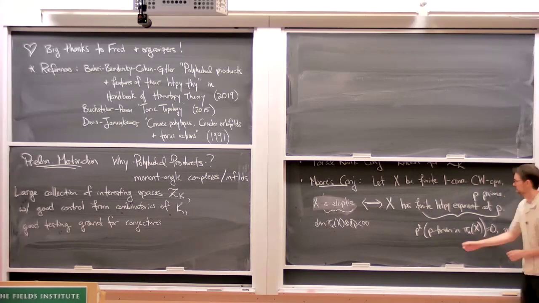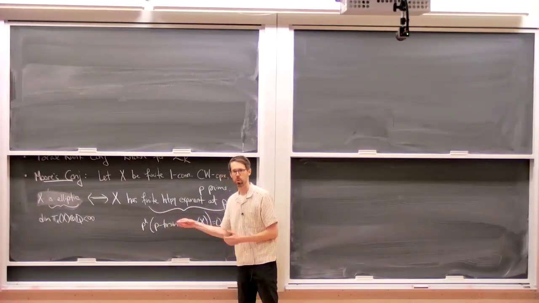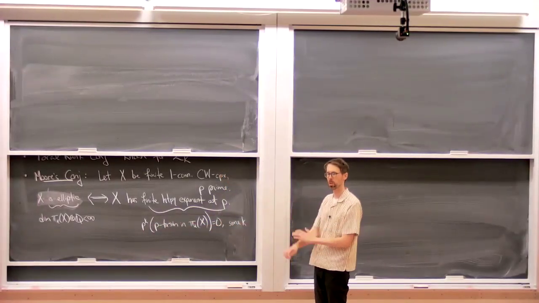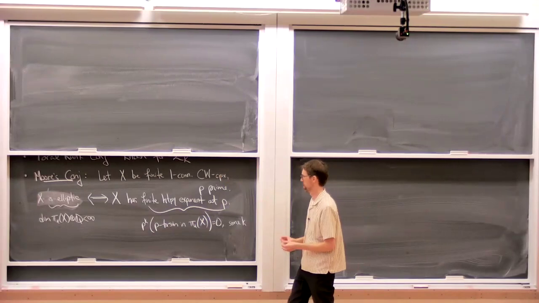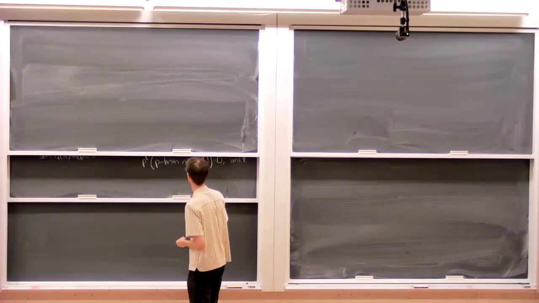So we're asking for the highest torsion order that occurs when you look out at all of the unstable homotopy groups of the space.